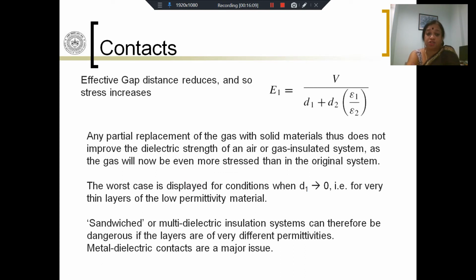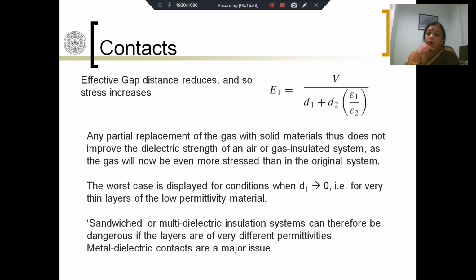So any partial replacement of the gas. We are talking about contacts when we are talking about D1 becoming very small. But let's say you design an insulation where, because of whatever reason, you only replace part of the inferior dielectric material with a material with higher permittivity.